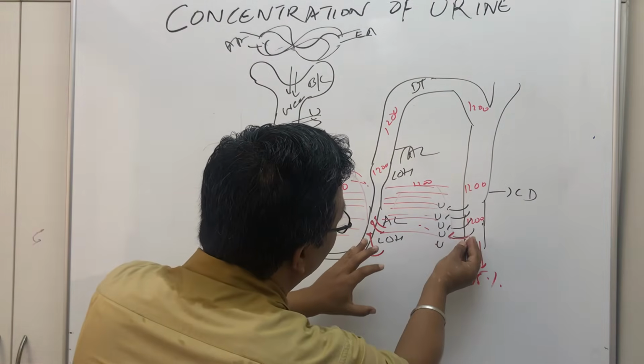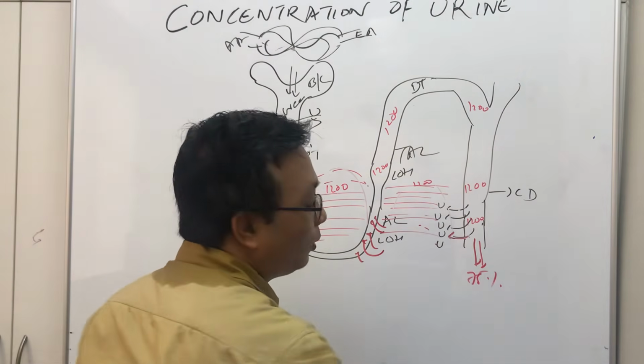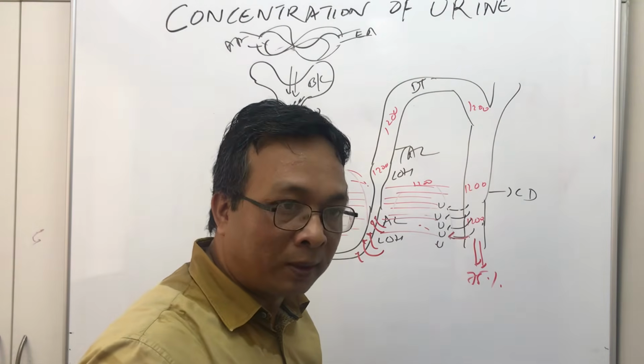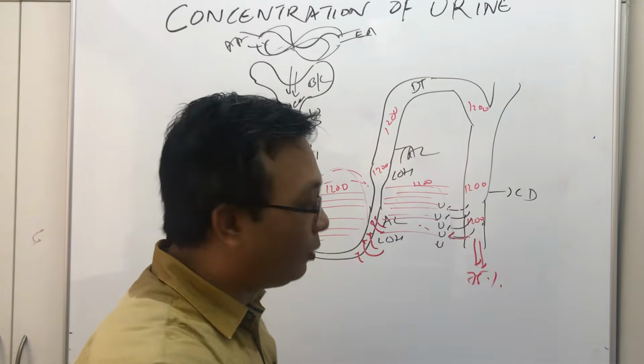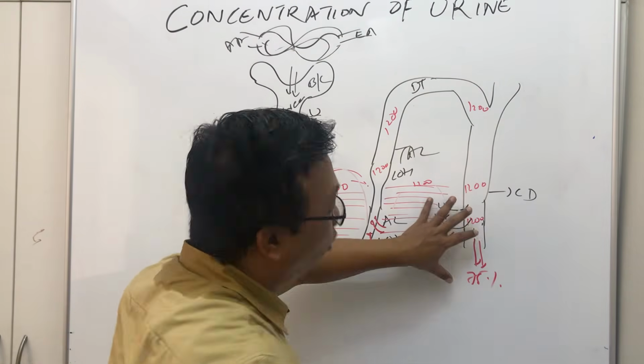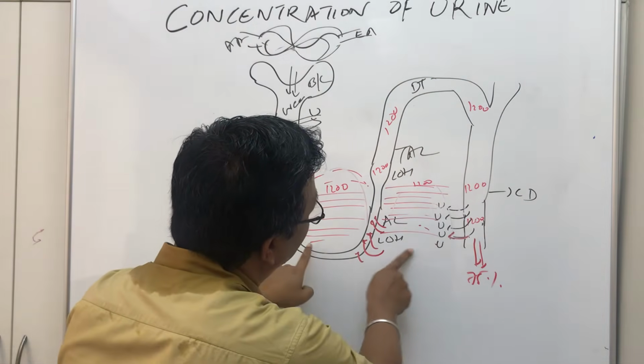So there are also in our nephrons some holes where urea can also be reabsorbed. Though urea is a waste product, it needs to go out in the urine, but there is some amount of urea which can be reabsorbed from this cortical collecting duct, and it also contributes to the whole of this medullary gradient.